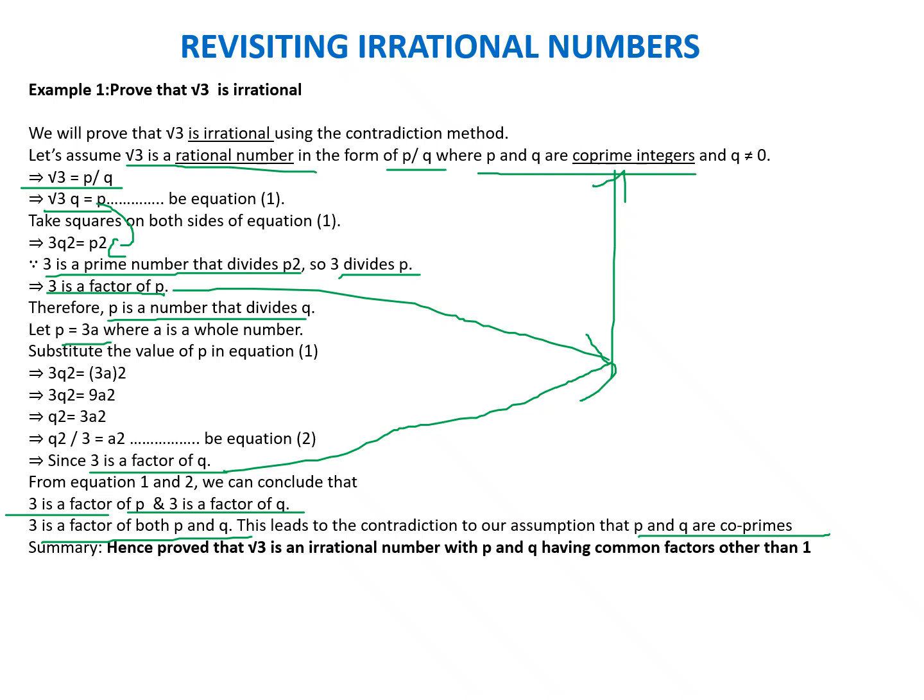But in this case, we have more than one common factor, and so it is proved that this number is irrational.